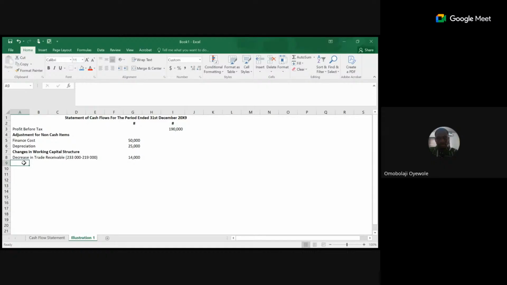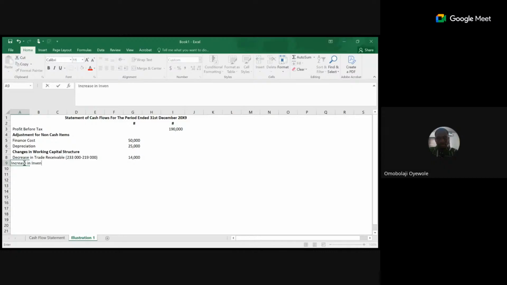So if you look, our inventory has increased from what it was as at 1st of January. So it means that we have bought more goods, which has resulted in an outflow of cash.